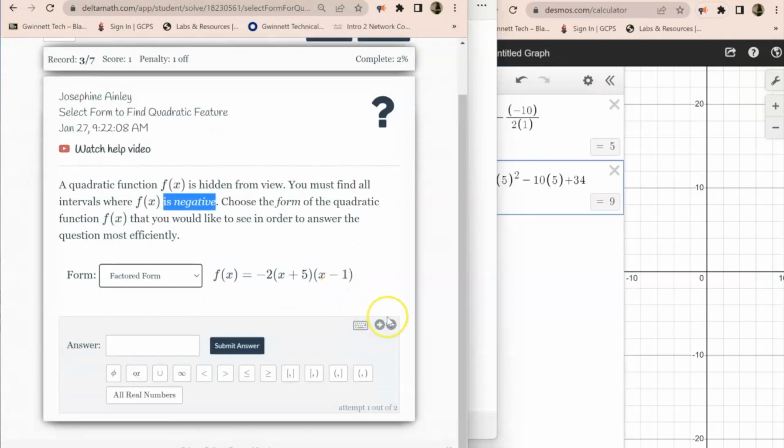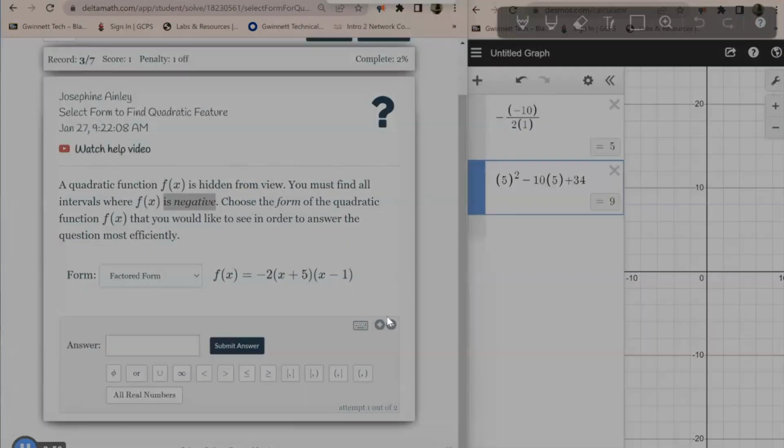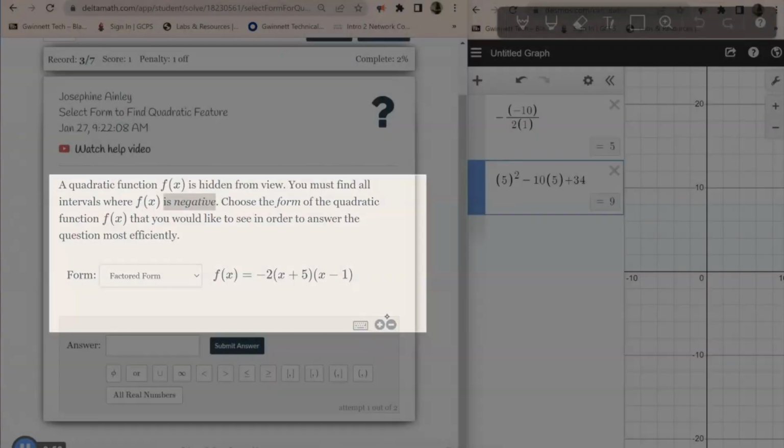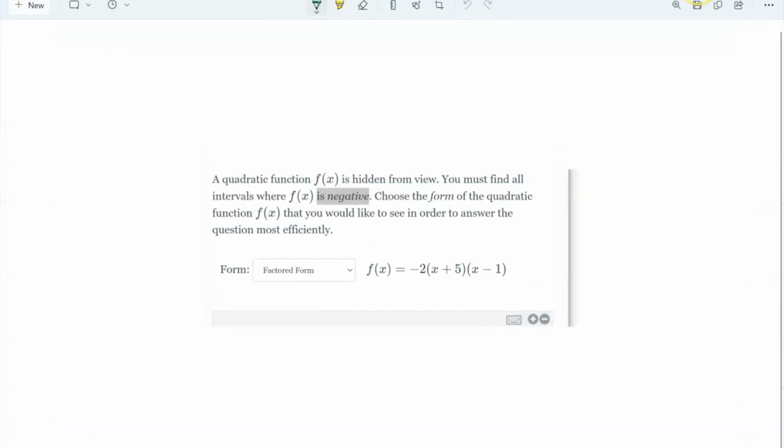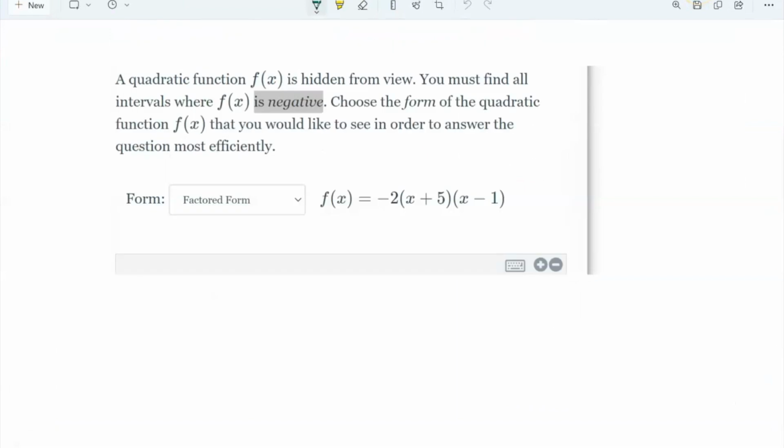So here's my equation. All right, now from here, I already know that I can pull x-intercepts very quickly, right? So let me pull my x-intercepts. So my x-intercepts are -5 and +1. All right, now picture whether this is happy or sad. This is sad. All right, so it looks like this.